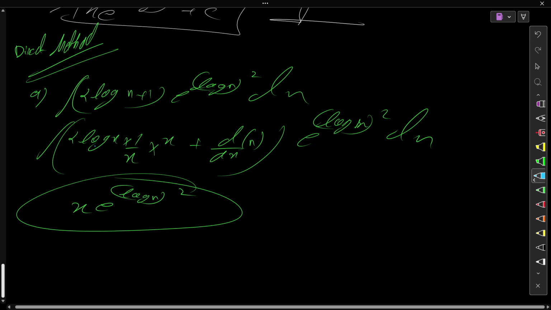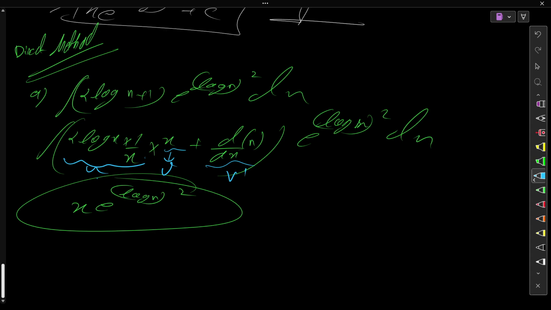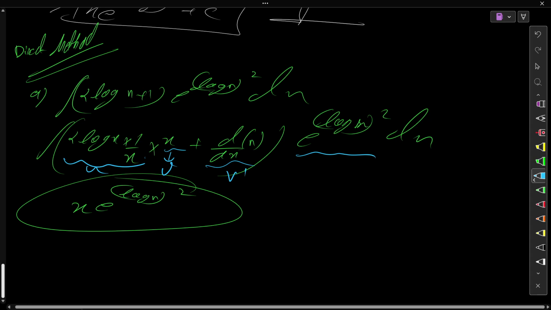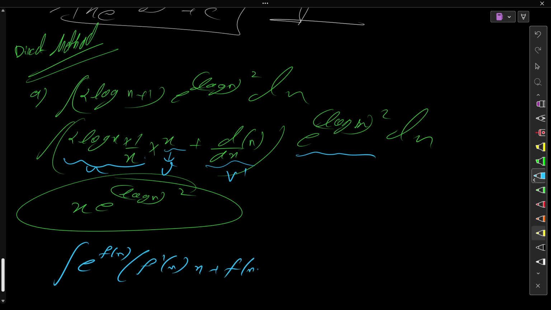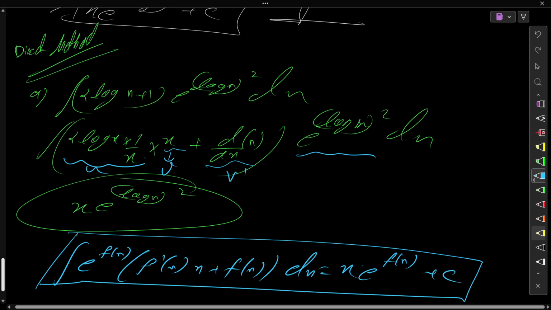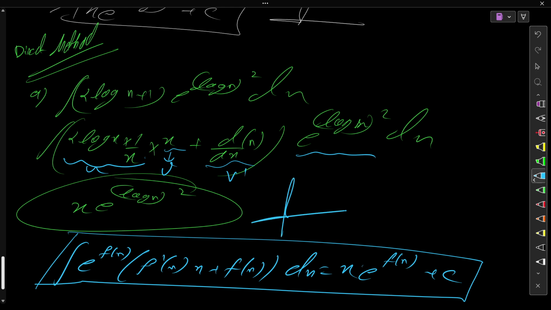Because if I see, this is u v prime plus v u prime form, like the derivative of a product. What I'm doing here is that e to the power of f(x) multiplied by f prime of x plus f(x) dx is written as e to the power of f(x) times x plus c. This is the thing that is striking in my mind, and I'm getting the answer from here.